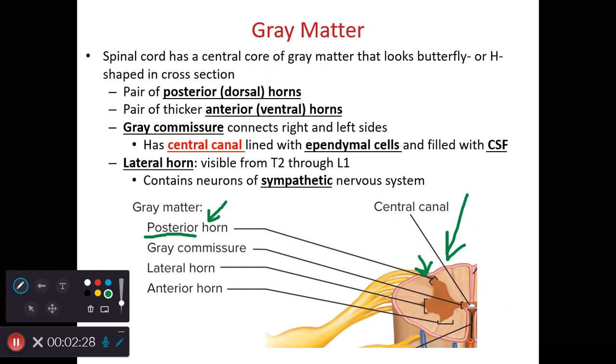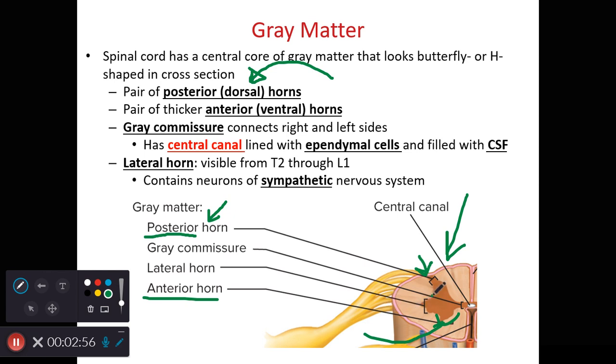If you're a little older like I am and you're getting crusty, you may have been taught dorsal horn, which is a term that works really well for quadruped animals, but we as humans are bipeds, and that term is starting to be phased out just because it's kind of confusing. Then we have the ventral horn on the front, aka the anterior horn, that's another region of the butterfly.